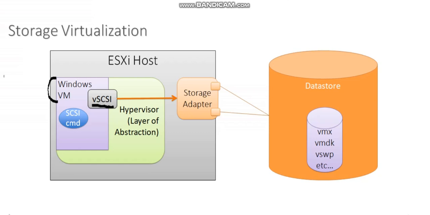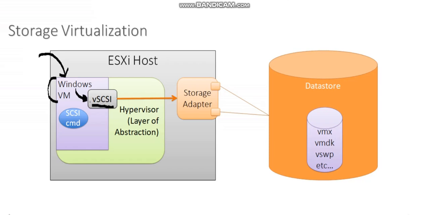And guess what? Windows doesn't know that it's running within a virtual machine here, so we need to maintain that illusion. So what we're going to do is provide Windows with a virtual SCSI controller. We're going to make it feel just like it used to feel when the virtual machine was connected to local physical disks. So when Windows needs to carry out some sort of storage command, it's going to think, I've got a SCSI controller.